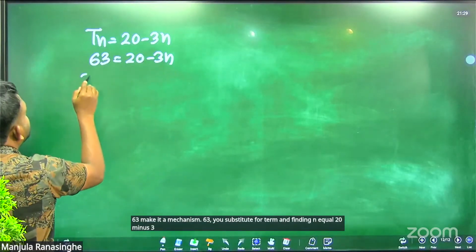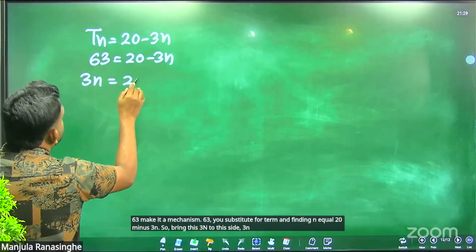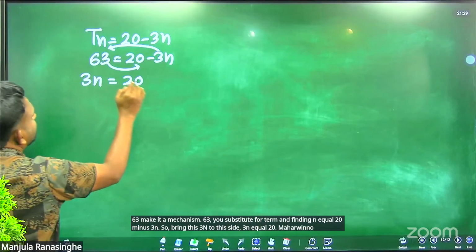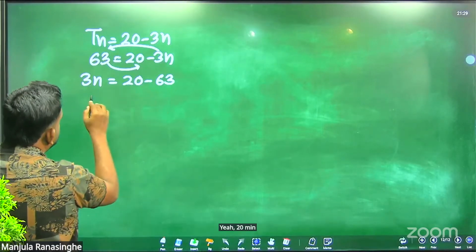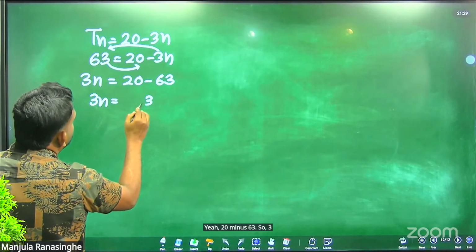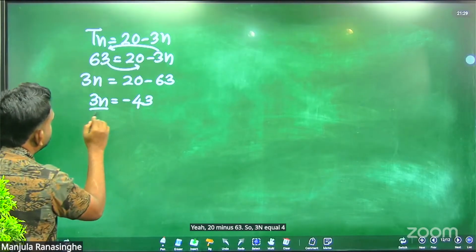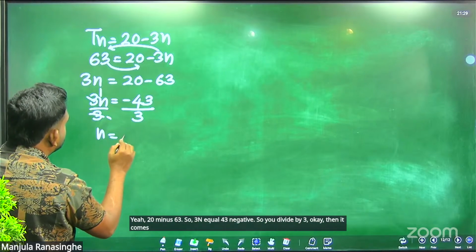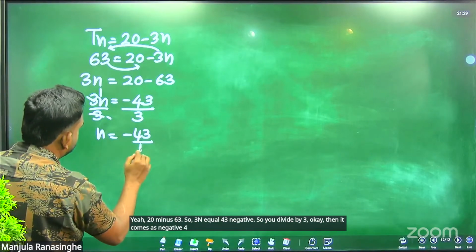So bring this 3n to this side, and the sign changes: positive 3n. Here 20 minus 63. So 3n equal negative 43. So you divide by 3. Then it comes as n equal negative 43 upon 3.